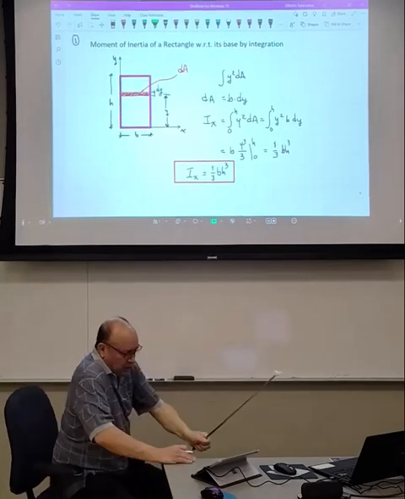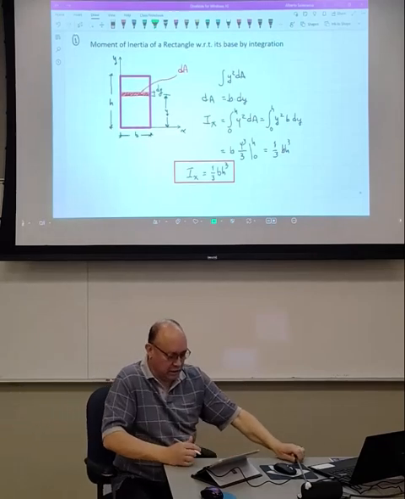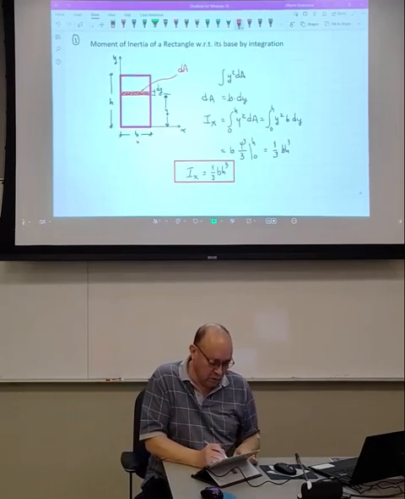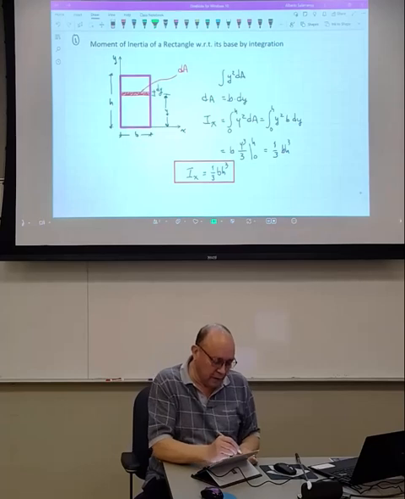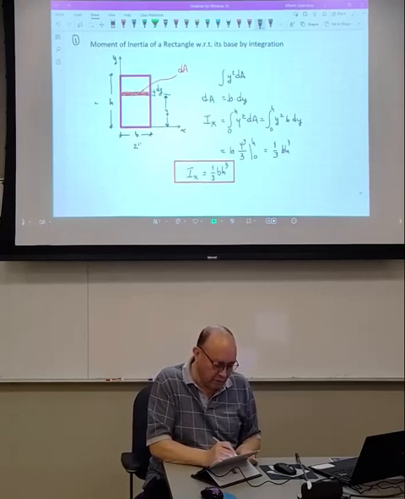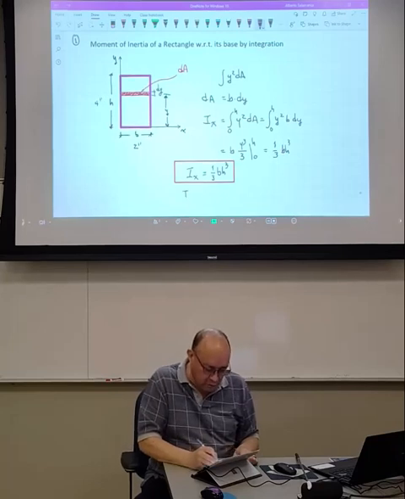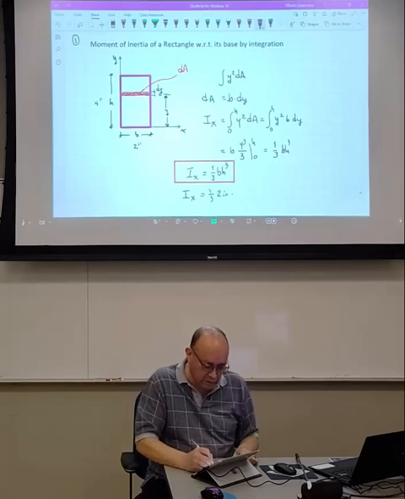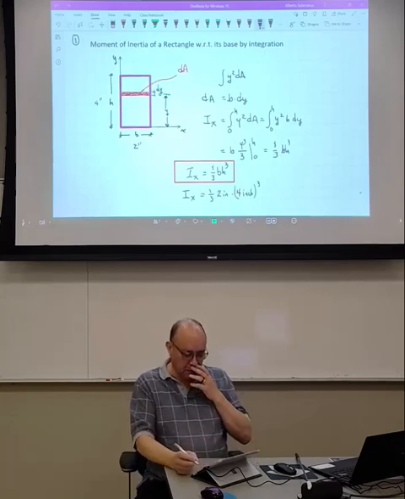What is the moment of inertia of a 2 by 4? Well, you just replace. If this is 2 inches and 4 inches, the moment of inertia of that 2 by 4 will be equal to 1/3 of 2 inches times 4 inches cubed.